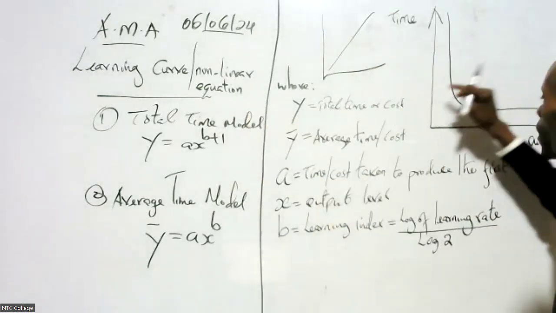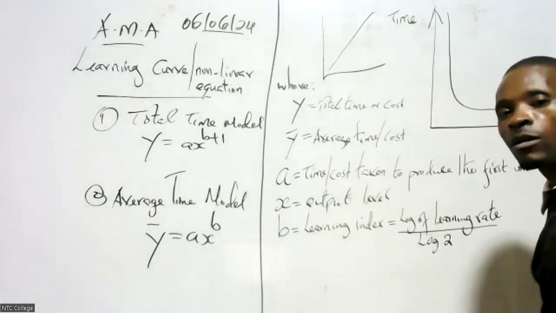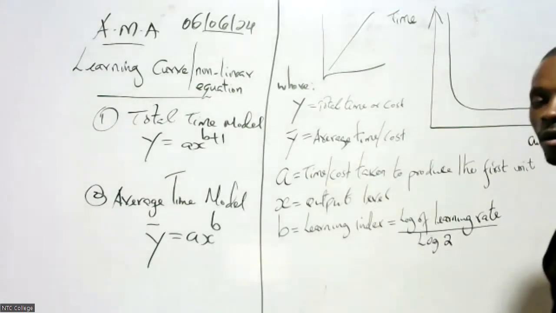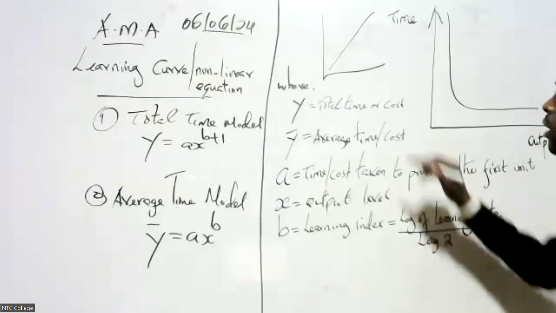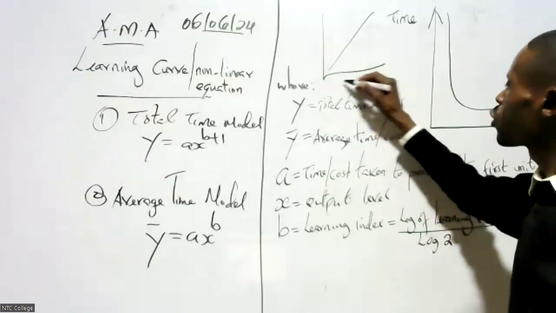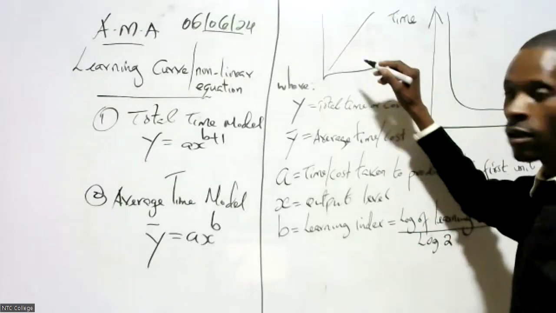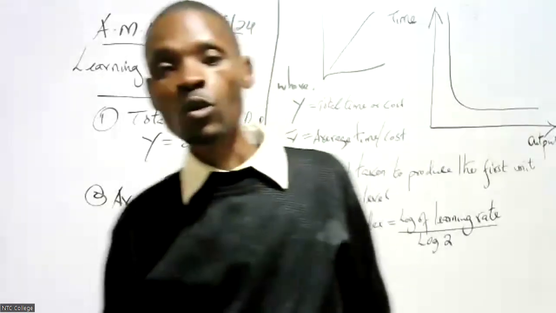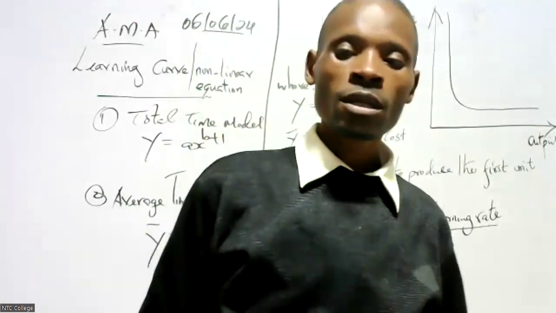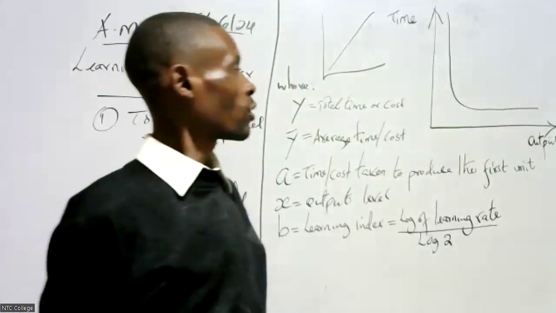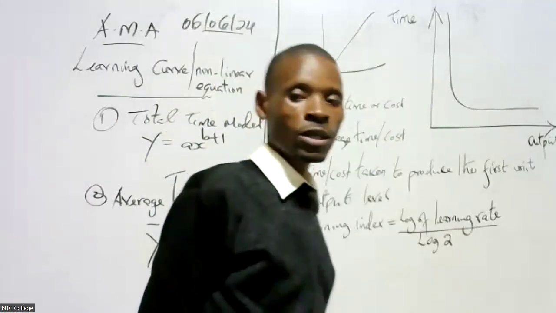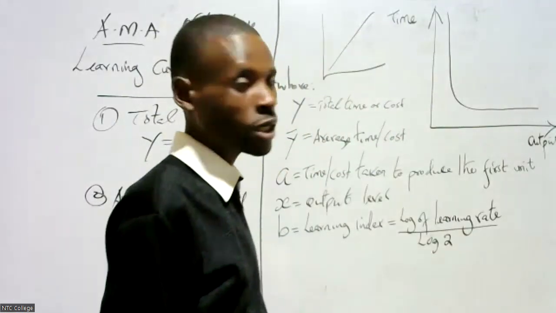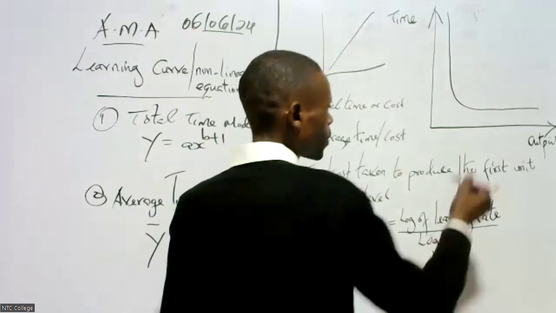Linear is when as the units produced increase, output also increases, or as the cost increases, output increases. But the learning curve concept is non-linear. So you can even sketch that. If you are told to use a diagram, that is how you explain.